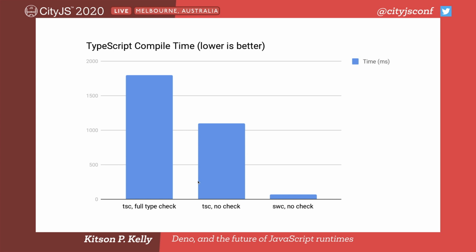There's another library on top of that, and you can see that when we implemented that type stripping just in SWC, we went down to about 75 milliseconds. So that's a huge improvement in speed there, because the type checking bit of it is probably only a small part of the whole thing, and then there's still the emit and the transform and the parse and all of that sort of stuff.